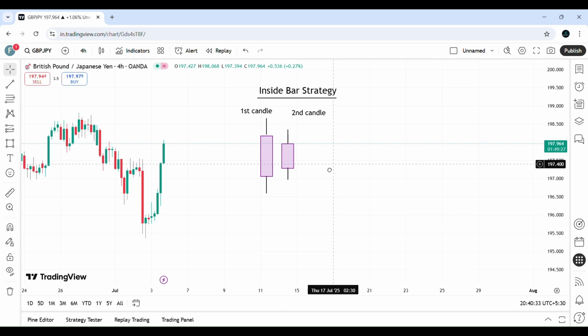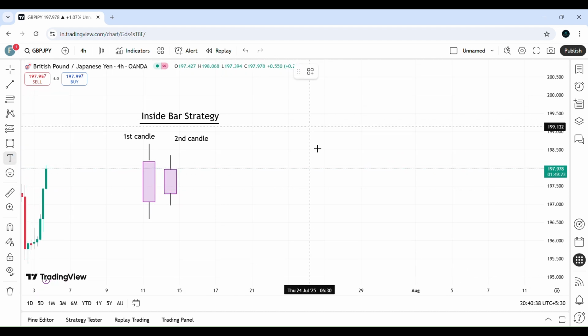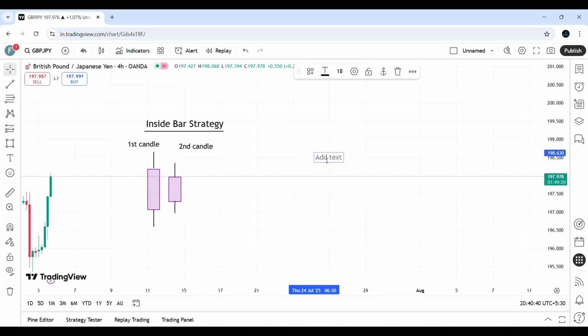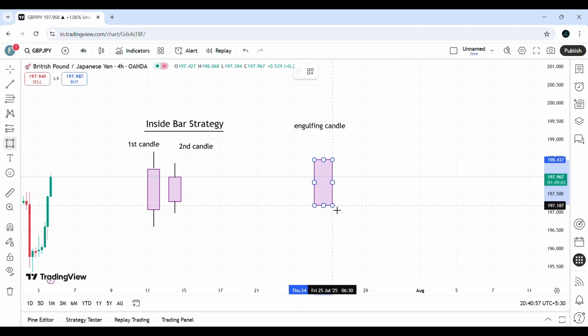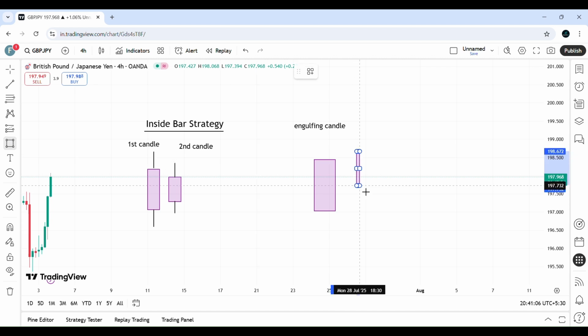Let's not mistake this for an engulfing. When it comes to engulfing, let's not mistake an engulfing and inside bar with each other. If you ask me what's an engulfing, imagine you take two candles again, two consecutive candles, or it doesn't even have to be consecutive, could be two or three candles apart, and this is the second candle.